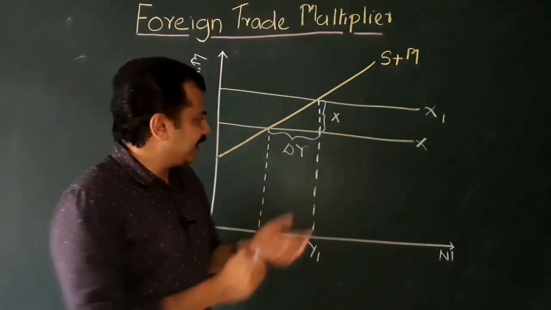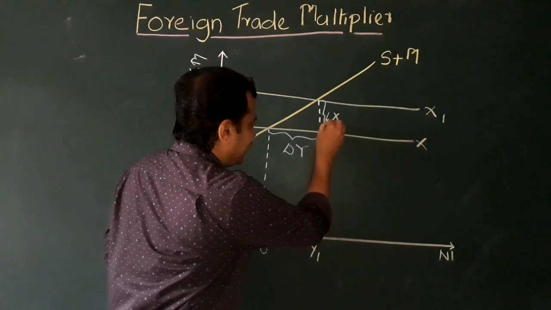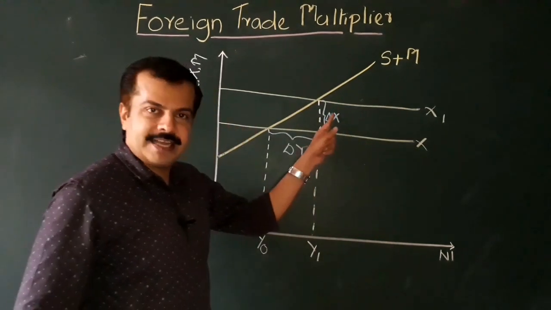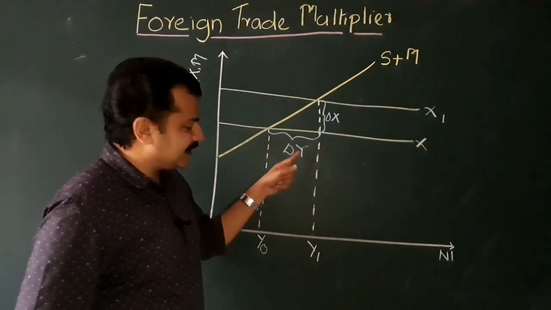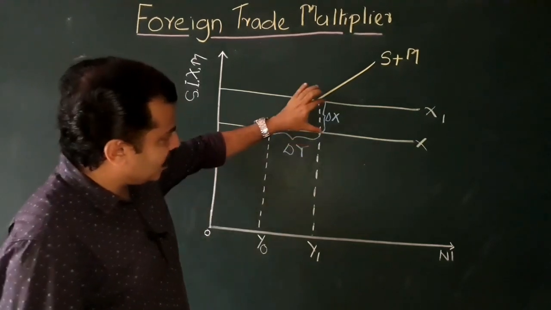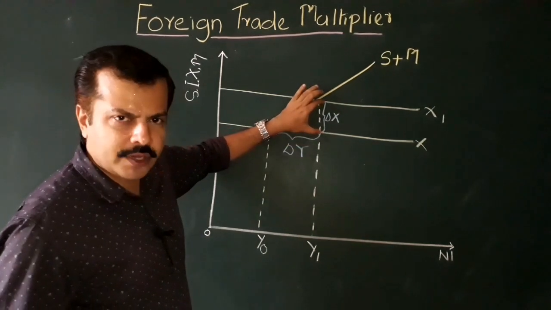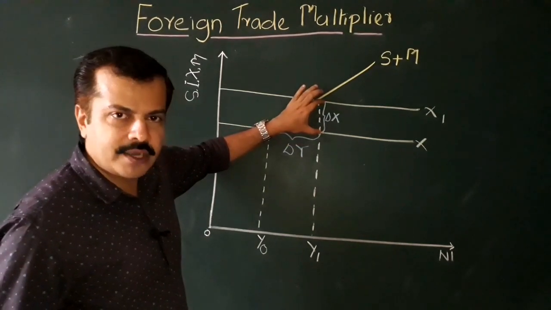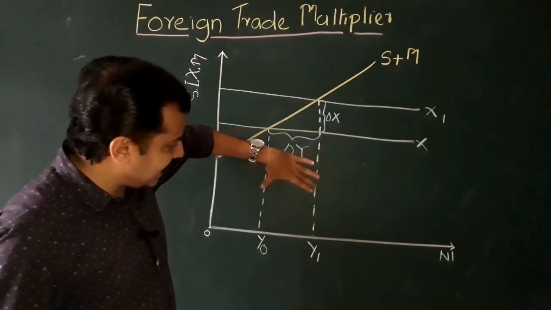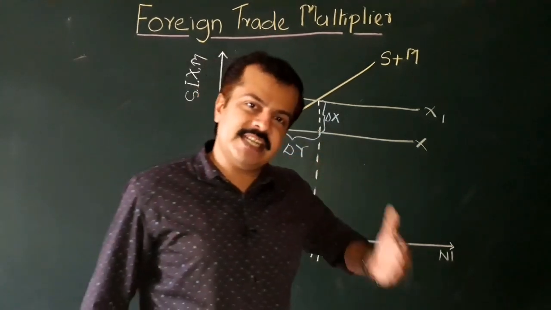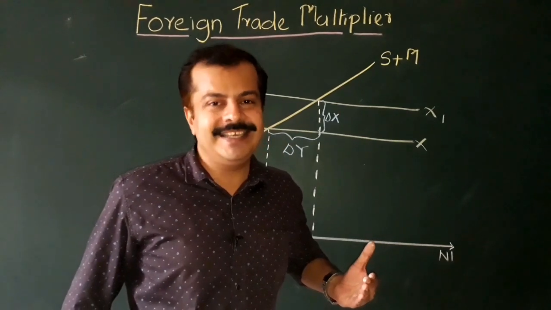Delta y by delta x. So this is the change in export, delta x. This is the change in income. As a result of a small or specific change in quantity exported, there is an expansionary, a multiplier effect on income.